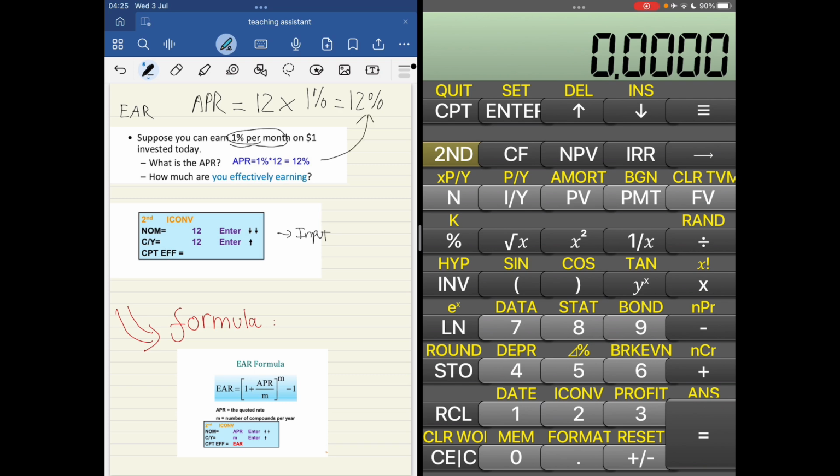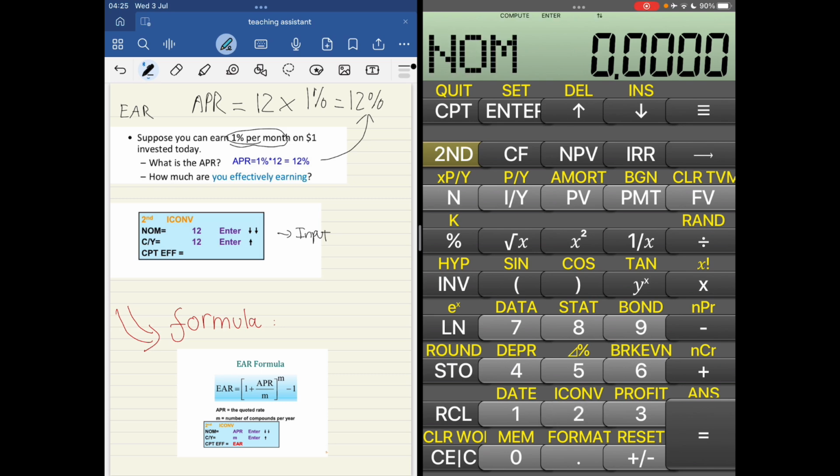As explained in the picture. But the second question is, how much are you effectively earning? To find out the EFF on the calculator, the first step is to press second. Then you press the icon located on the second row from the bottom to the top.